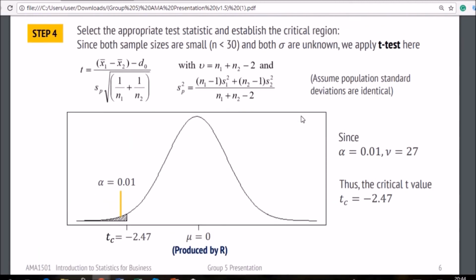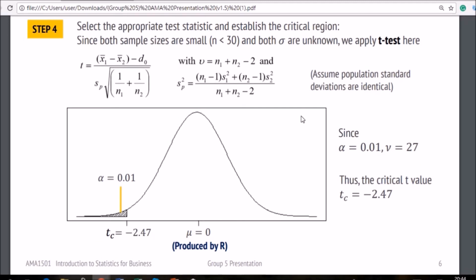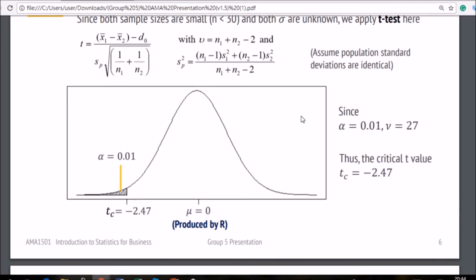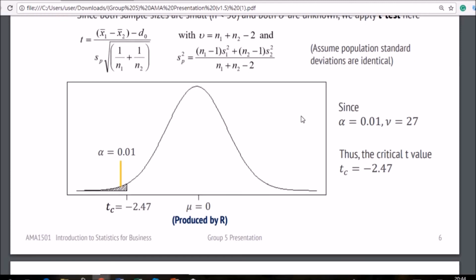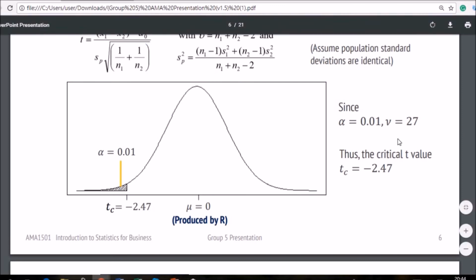After choosing the appropriate test statistic, we then calculate the critical region. For this question, since the level of significance is 0.01, and for the degrees of freedom, it is n1 plus n2 minus 2, which is 13 plus 16 minus 2, which is 27.